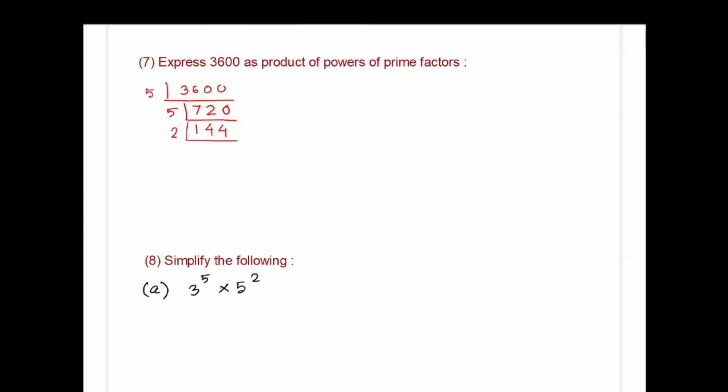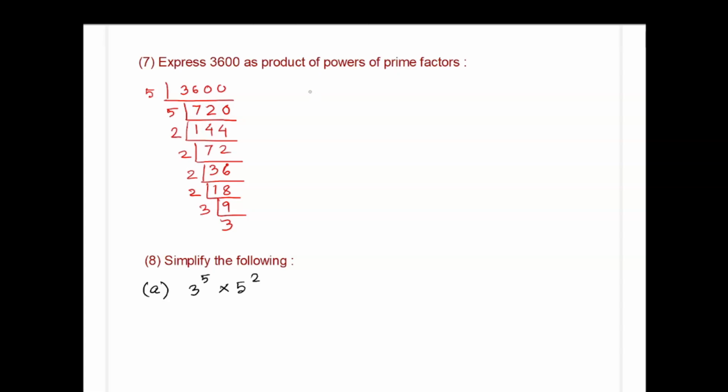Next 2, 2 sevens are 14, 2 twos are 4, 2 threes are 6. 2 threes are 6. 2 sixes are 12. And 2 18s are 36. 2 9s are 18. 3 3s are 9.